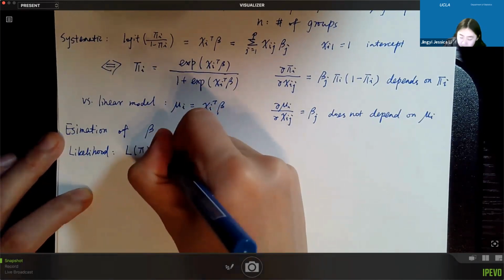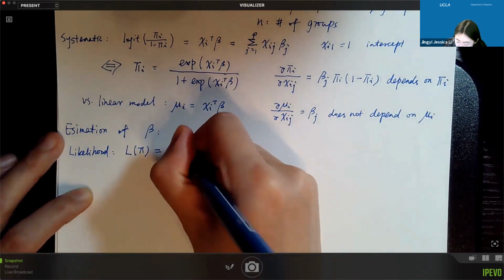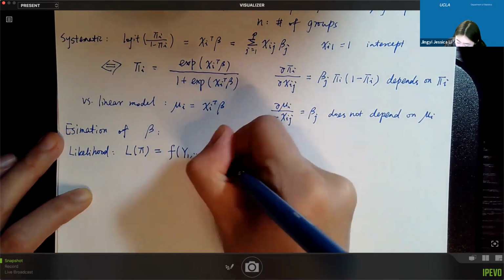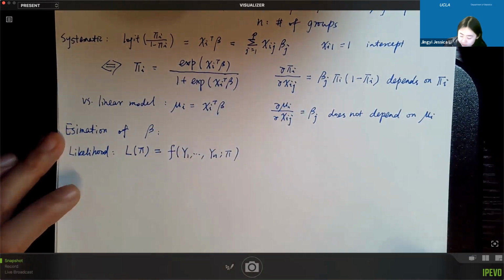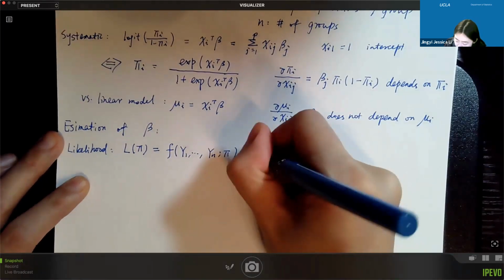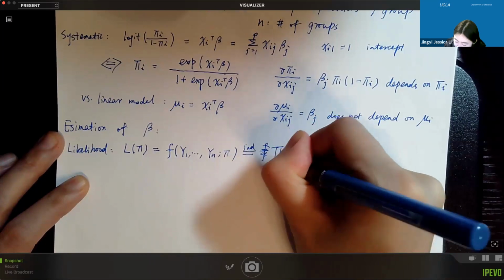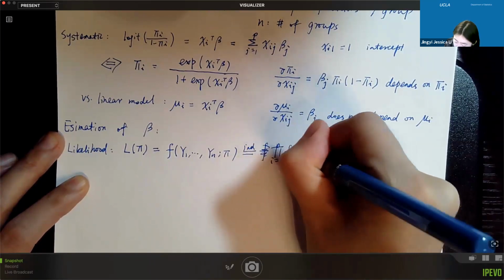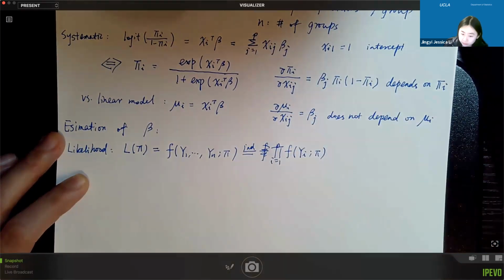The likelihood is defined as the joint density of y1 to yn given the pi parameter. And because of the independence, we can write it as the product of each yi's marginal density given pi.